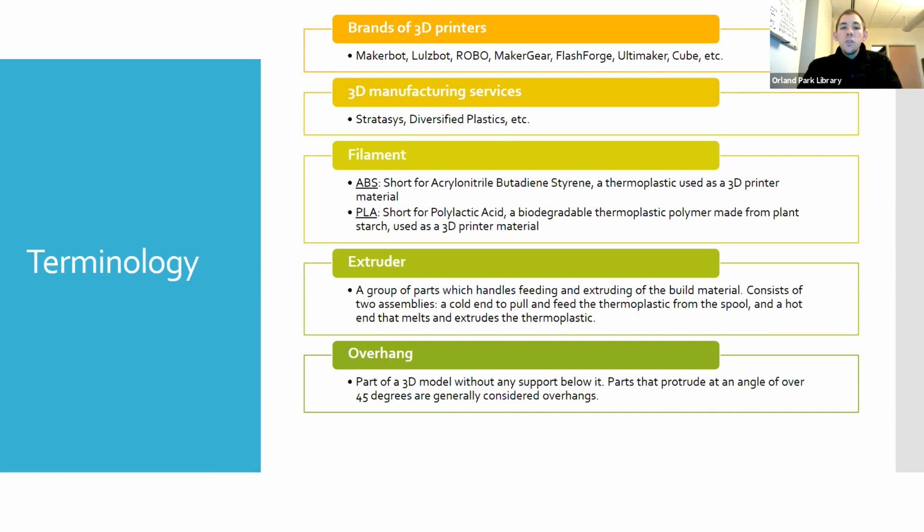And then there are two different types of material, and there's another one that's not listed, but I'll explain it afterward. There's ABS, which is short for acrylonitrile butadiene styrene, which is a thermoplastic used for 3D printer material. And then there's PLA, which is a biodegradable thermoplastic polymer made from plant starch, which is used as a 3D printer material as well.